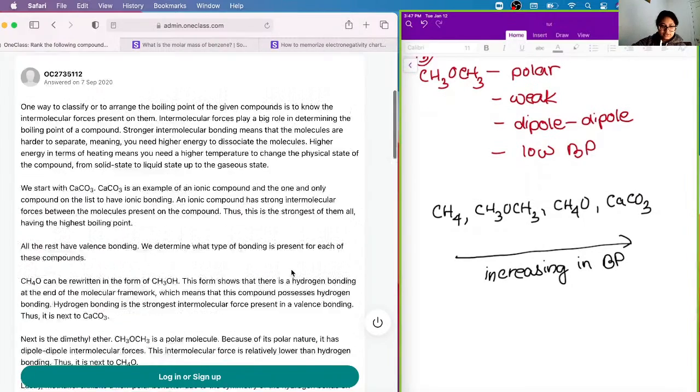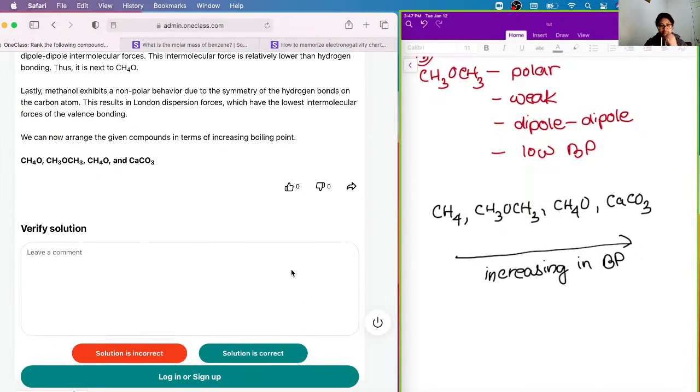So let's see this. They wrote CH4 two times, but it was supposed to be CH4, CH3OCH3, CH4O, and then calcium.